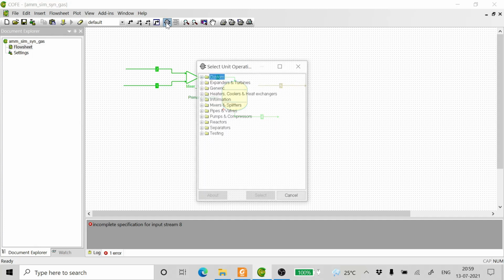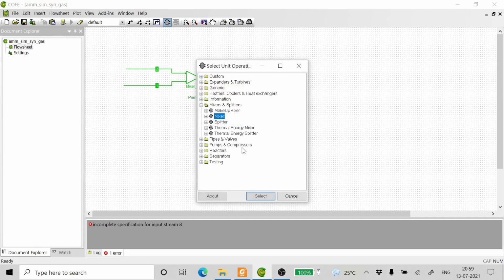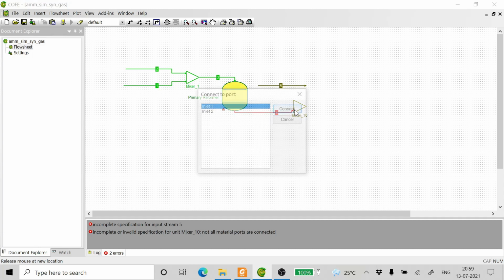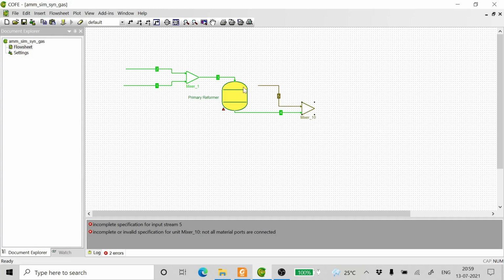Now, we take a mixer here. After placing the mixer, we draw the outlet. And we name this as mixer 2.